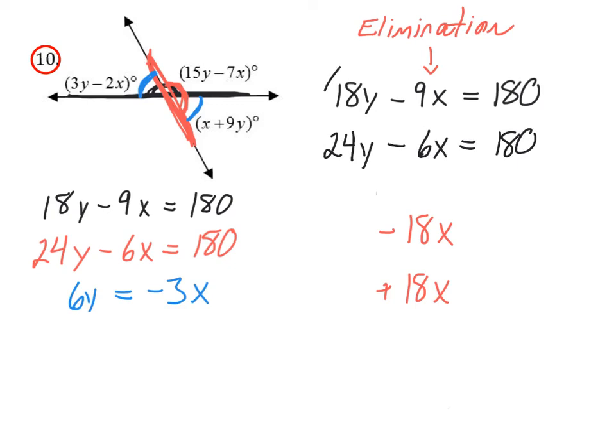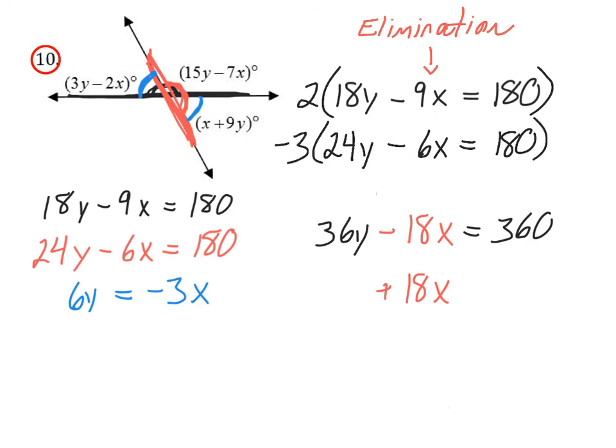So in order to do that to the top equation, I'm going to have to multiply it by 2. What that's going to leave me with is 36y minus 18x equals 360. And for the bottom equation, I'm going to have to multiply by negative 3. That's going to leave me with negative 72y plus 18x equals negative 540.